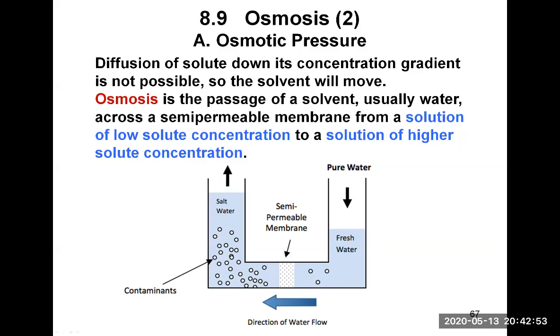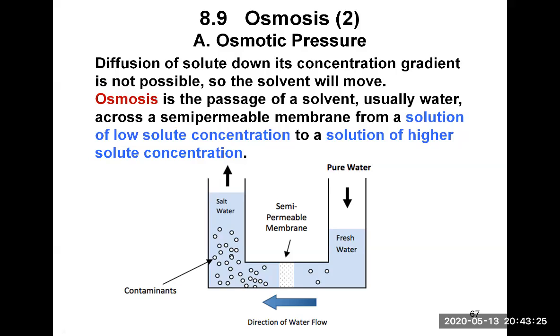If there were not a semi-permeable membrane between the two sides, the solute could spread by diffusion from the left side to the right side, down its concentration gradient. Diffusion is when a solute moves from where it's in high concentration to where it's in low concentration. But here it's not possible because of the semi-permeable membrane.